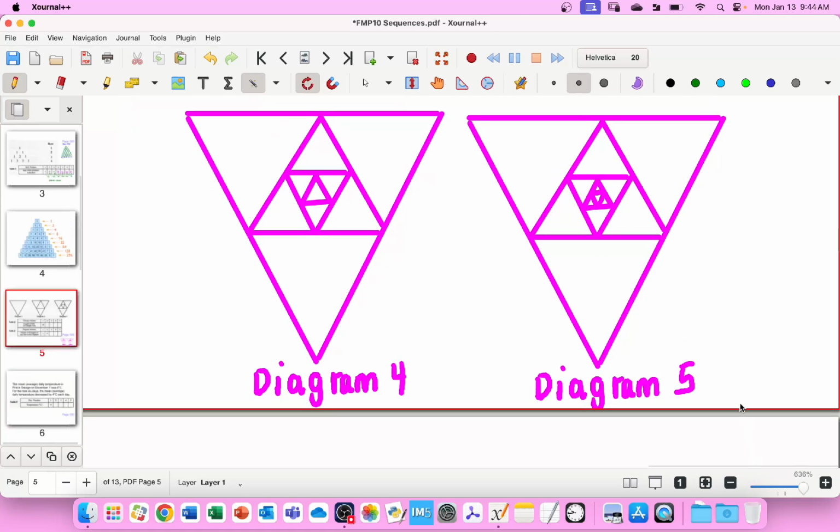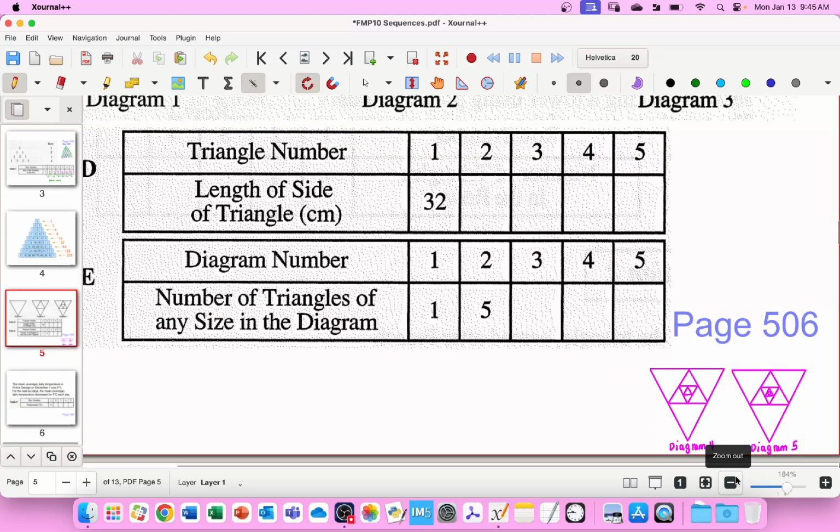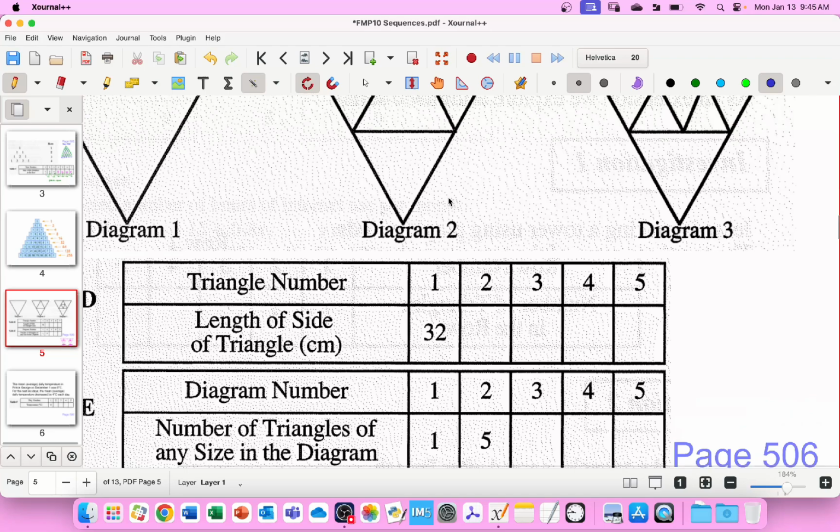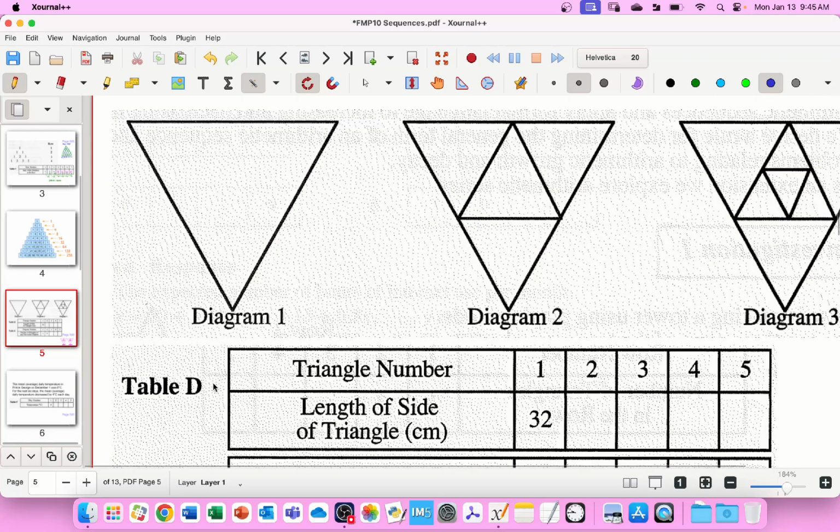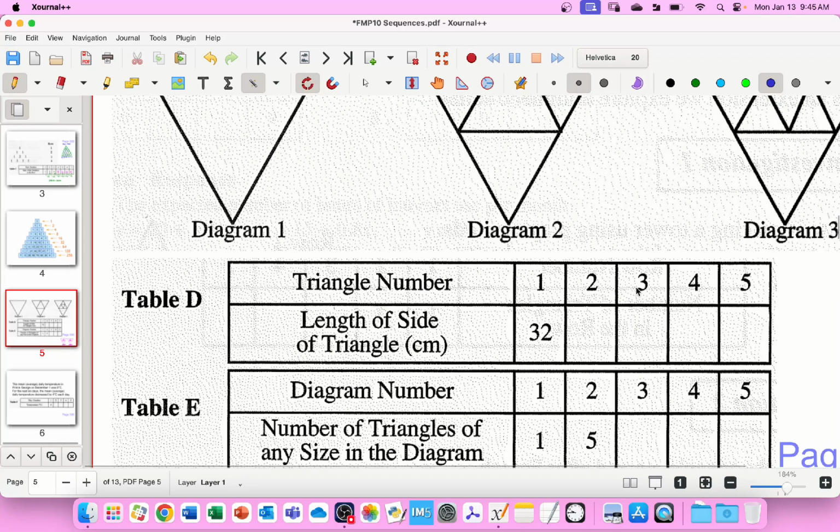So let's see, what was it asking us about? It was asking us about the side length of the triangle. Well, here's the thing. We don't have to measure anything here. If the side length of that original triangle is 32, this triangle has to be half as big, right? So it has to be 16 centimeters.